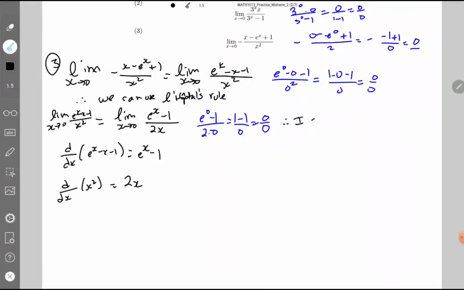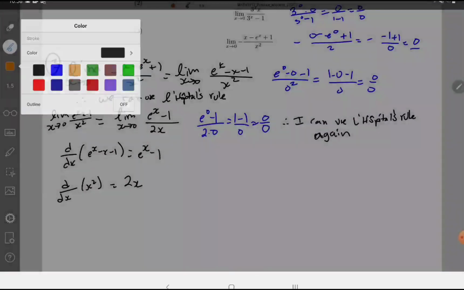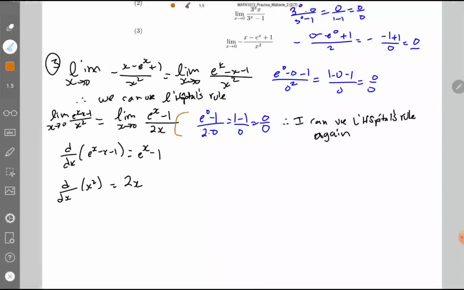Therefore, I can use L'Hopital's rule again. One thing to notice, and I'm going to do this in yellow so you see, notice how here I am not putting an equal sign. And that is because these are not equal, right? When I'm plugging in here, and this is something to note, notice how I did it here as well. There is no equal sign.